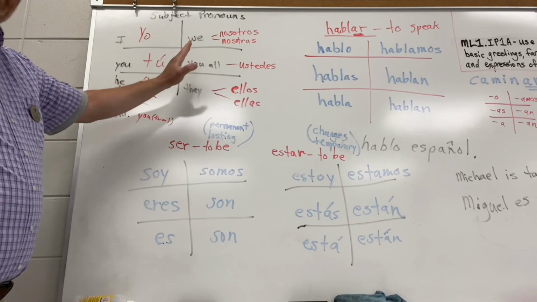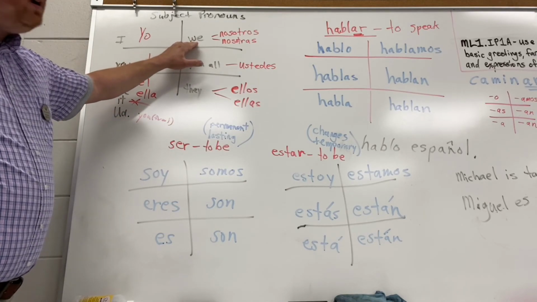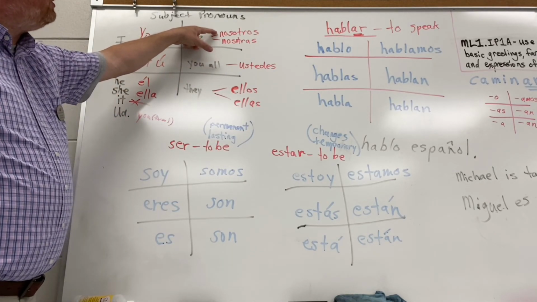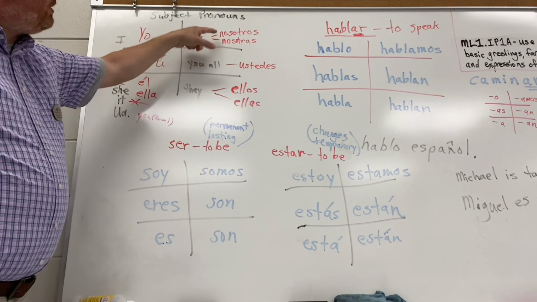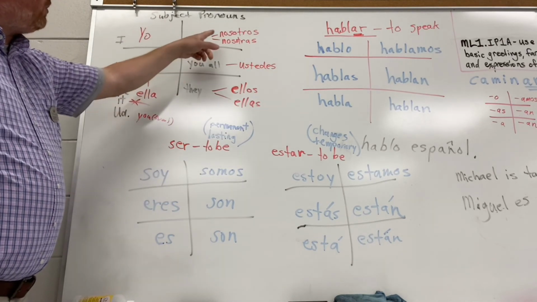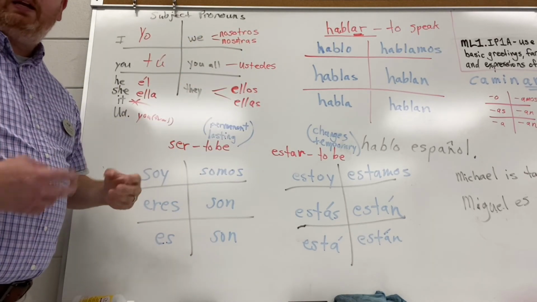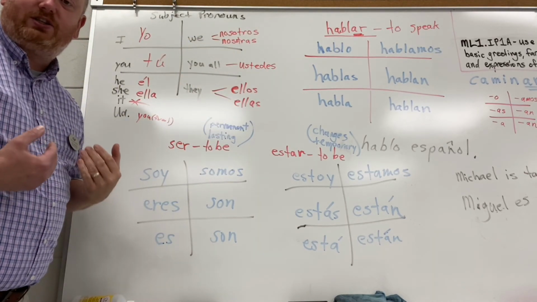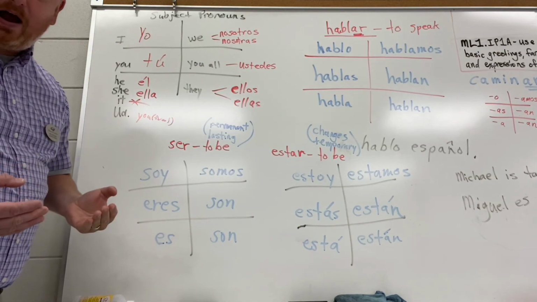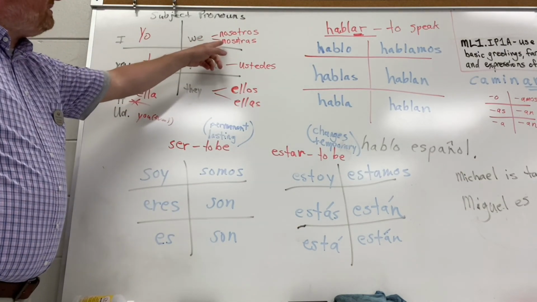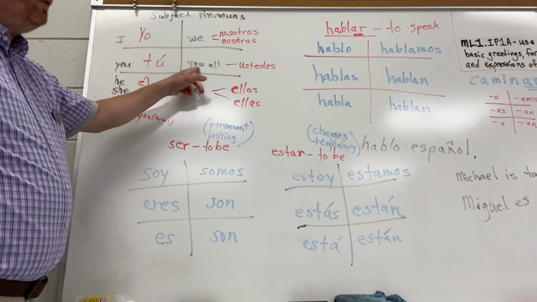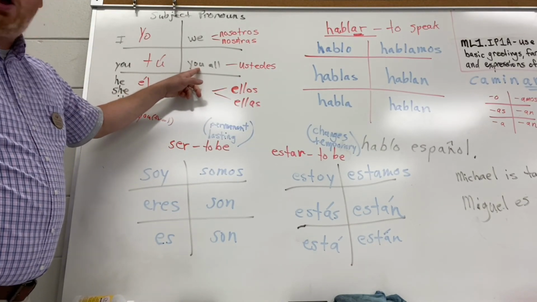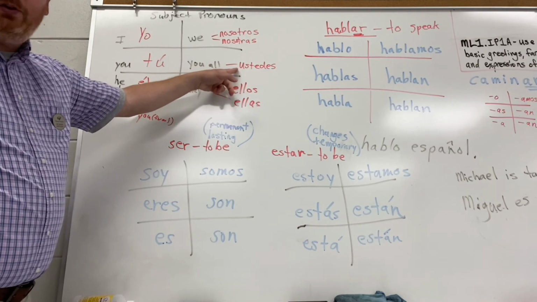On the plural side, we have we, which is nosotros or nosotras. Both of them meaning we. Of course, nosotros could be we, a boy and a girl saying we, or two guys saying we. And nosotras would be like two girls saying we. Then for you plural, or y'all, we might say, we have ustedes.